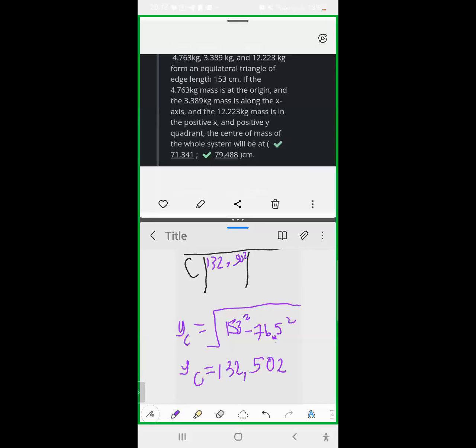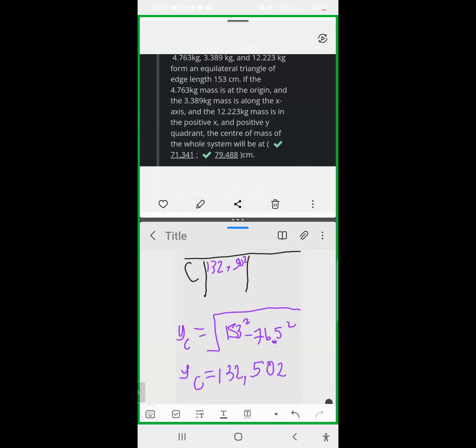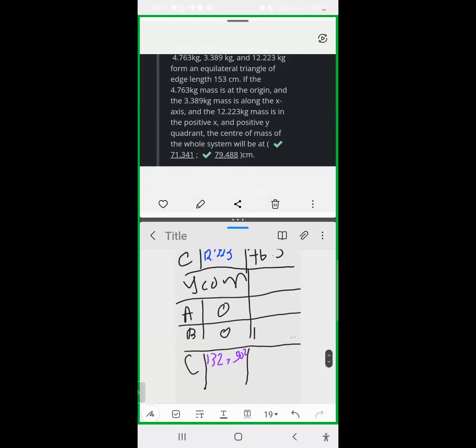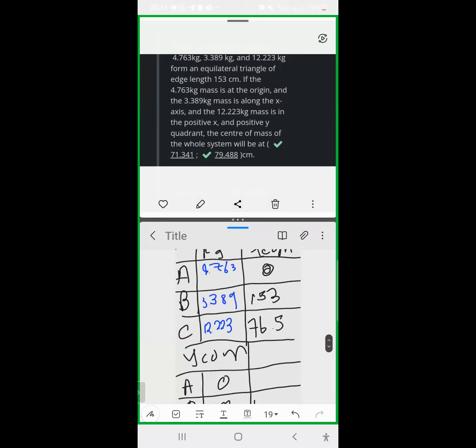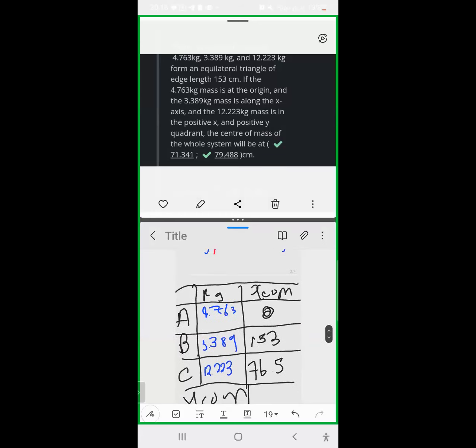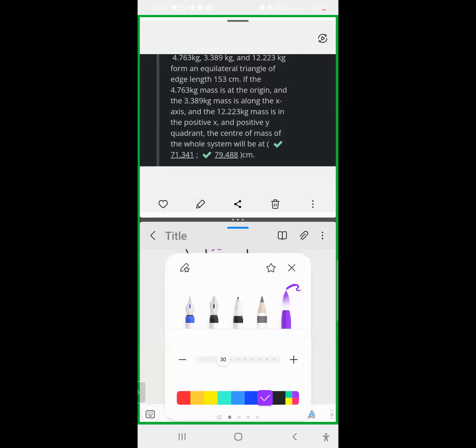Therefore, now we have everything that we need. Now I can just erase this and remove this. We have both the x coordinates and the y coordinates of the centers of mass, as well as the masses. We can go ahead and find the x coordinate of the center of mass for the whole system, as well as the y coordinate.